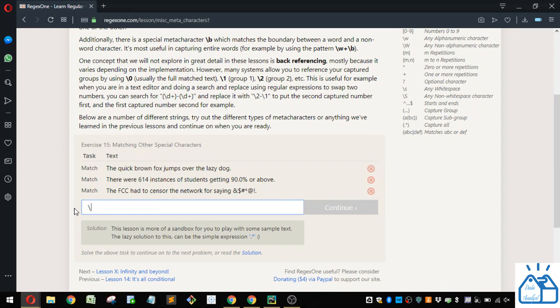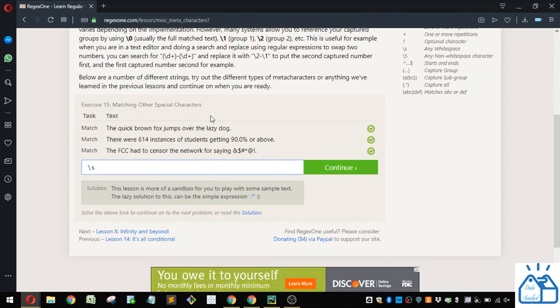Sorry, I've used the wrong slash again. So anything with a digit is going to match here, so it matches the first digit here. There's no digits here. So you could do pretty much any kind of matching you want here. It's pretty easy to match something. So if we do \s, it's going to match all of them because there's a space in all of these. So this is just kind of a sandbox, so I'm just going to continue.